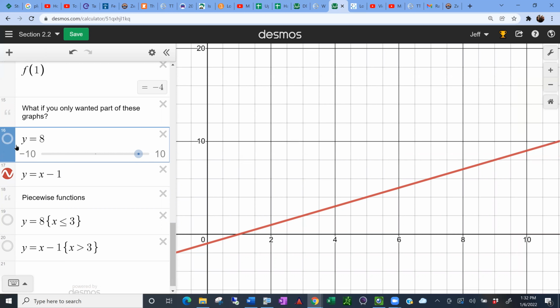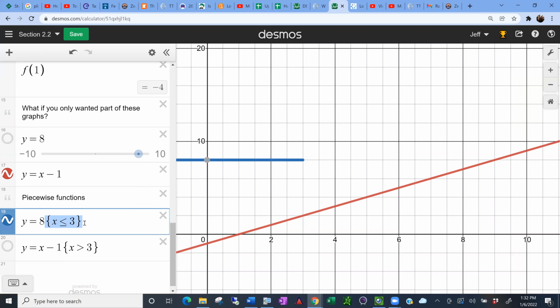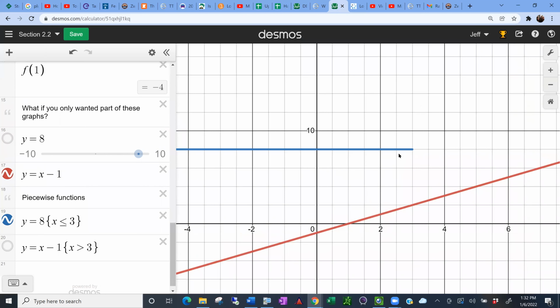So let me get rid of this. And instead, I'm going to draw y equals 8. Then I got this fancy notation here, x less than or equal to 3. And notice what happens. My graph stops right there at 3, 8. And what I want to do after that is for x greater than 3, I want this graph.